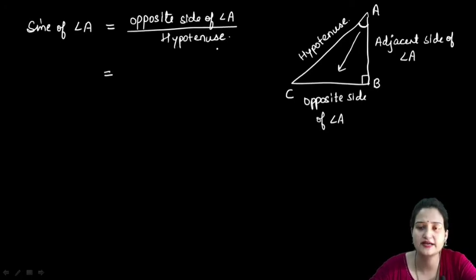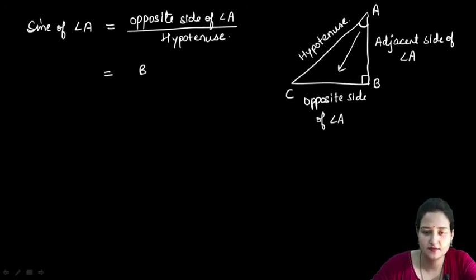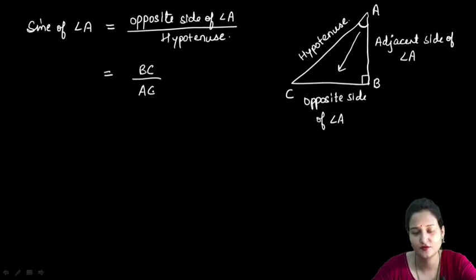For angle A, the opposite side, which we consider as the perpendicular side, that means it will be written as BC upon AC. The perpendicular side will be BC, and the base side, the adjacent side, will be AB.